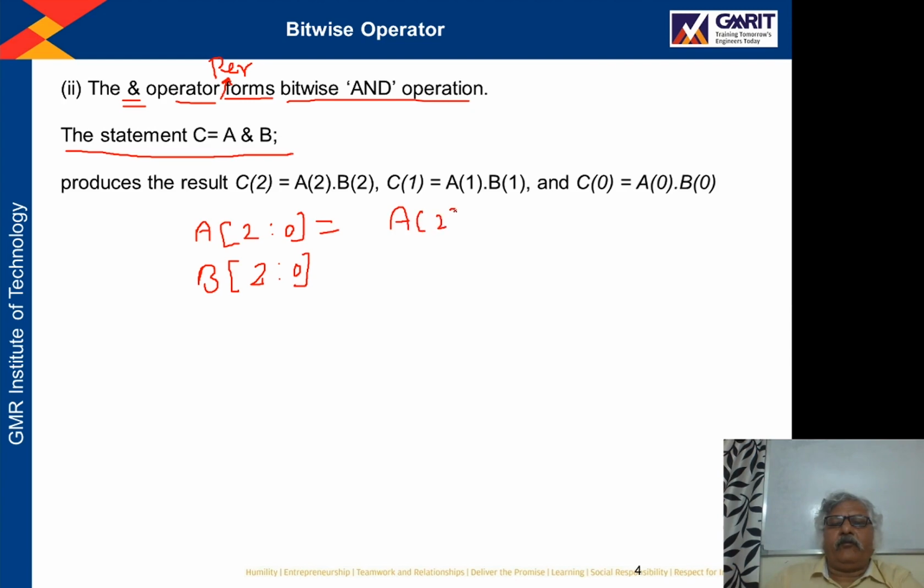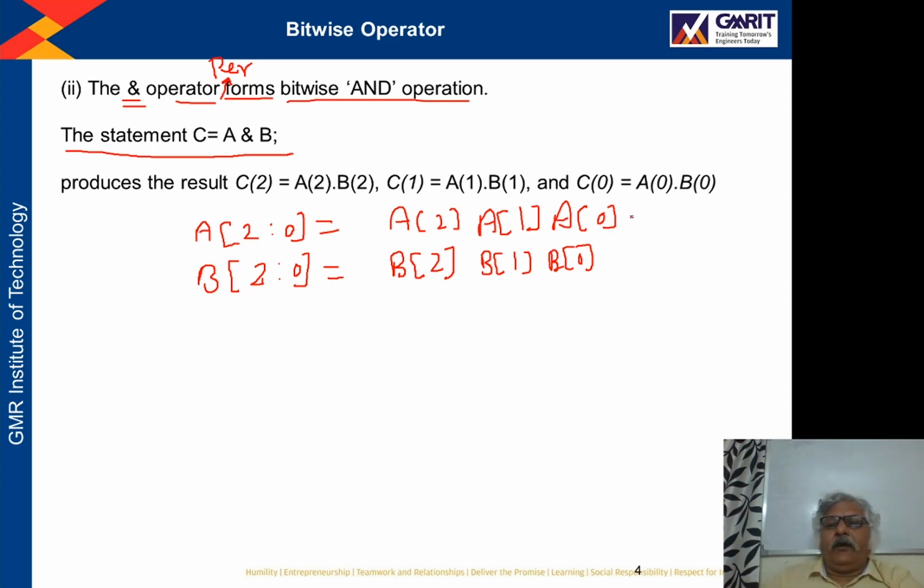And let us assume, so this is A2, A1, A0, right? And for B, we can write B2, B1, B0, right?